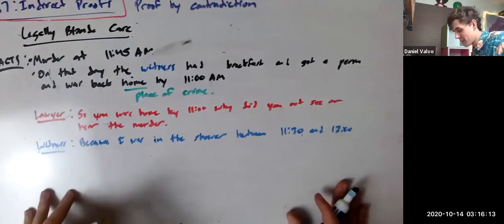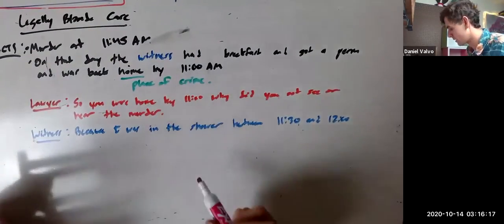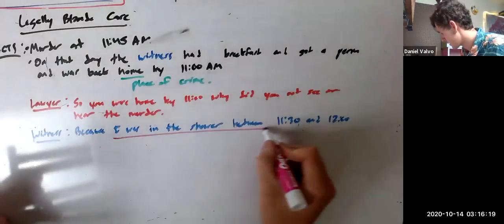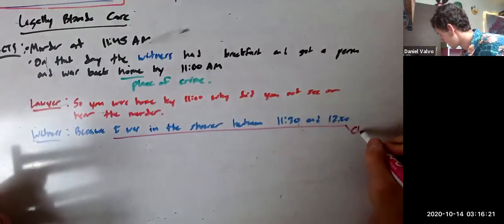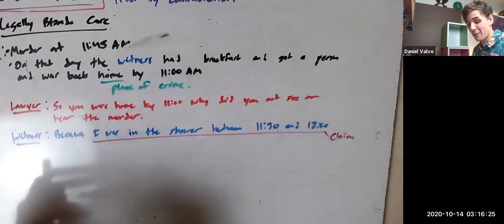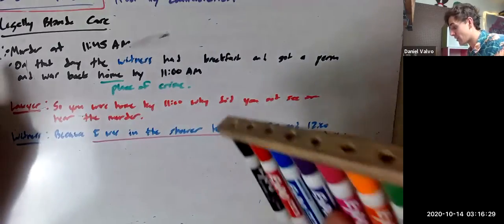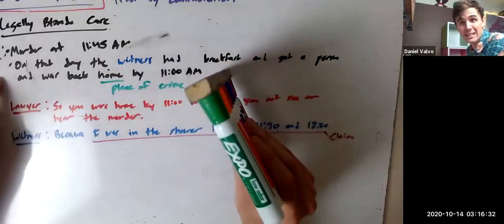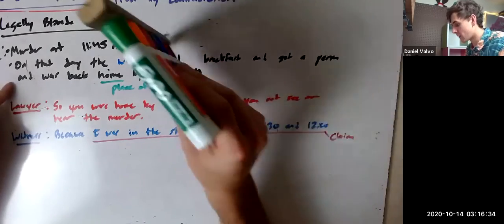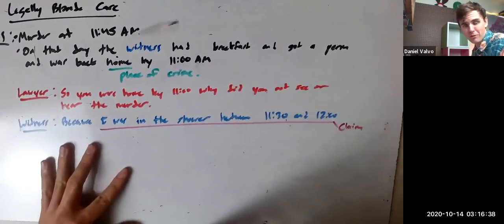The point is, the witness was in the shower. This is what she claims. So these are facts in the sense that they're verifiable. The police know when the murder happened, and they have receipts from the perm and stuff like that. There's witnesses that she got a perm. These are facts. This is what she claims. No one else was in the house when it happened that we know of.